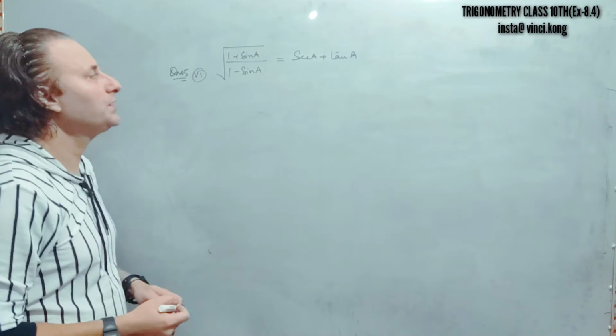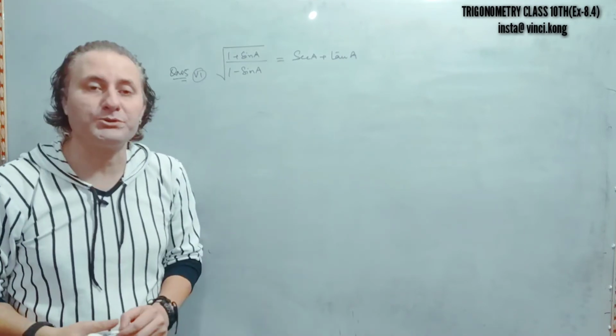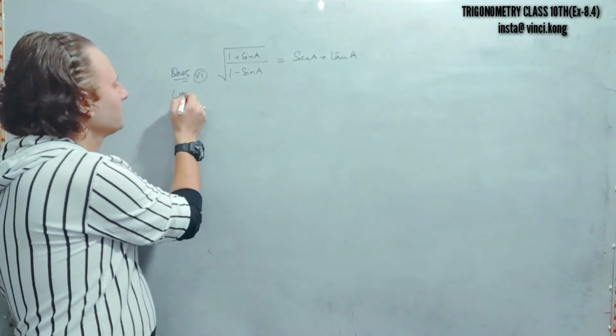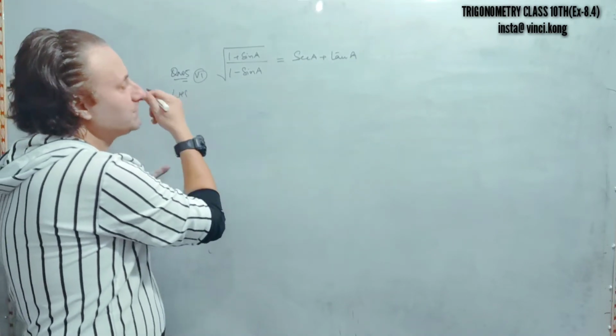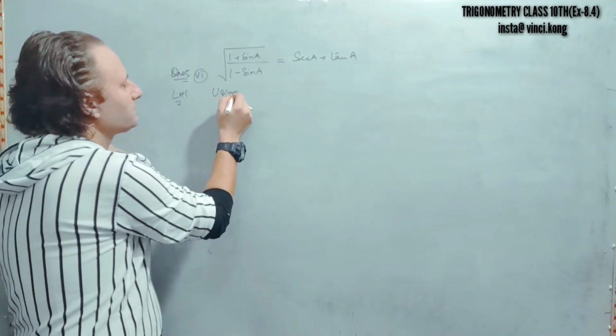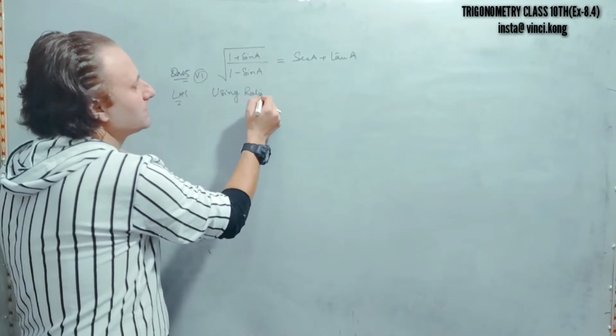Okay, guys, we have a square root here. So what best we can do, again I'm taking LHS, I will do the method of rationalization.